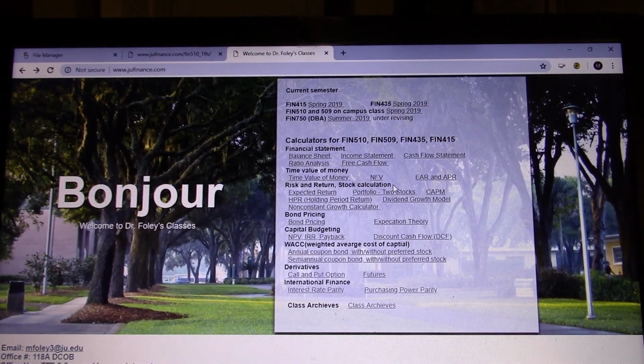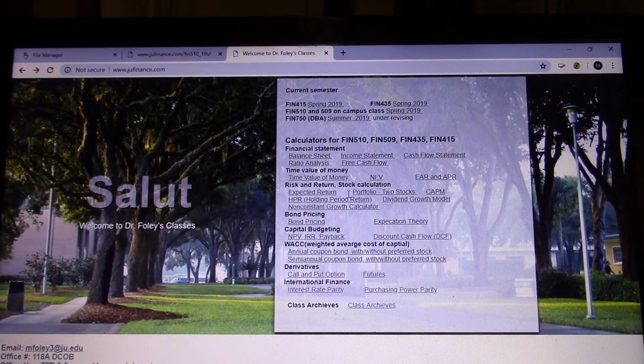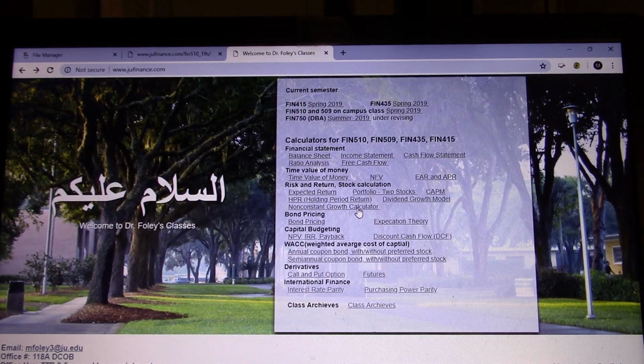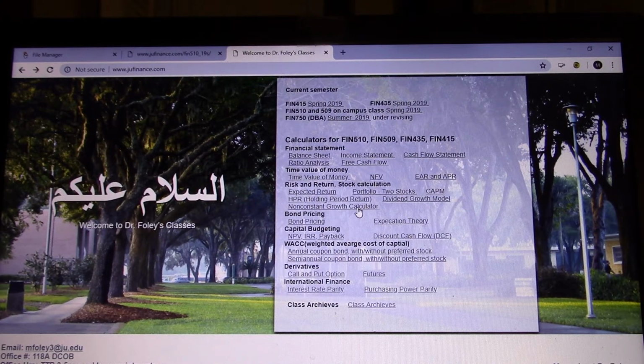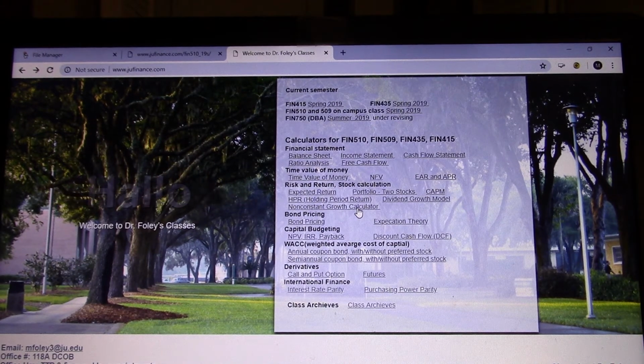Under the stock calculation part, you can find the dividend growth model. This is the calculator we're using for this chapter. The non-constant growth calculator is the next one, for non-constant growth of dividend. It's beyond this class, but if you're interested, you can take a look. Anyhow, we're using the dividend growth model.